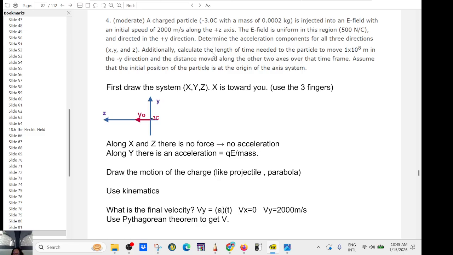Okay, so how are we going to apply that to this problem? Because in this problem, they talk about the E field along the z-axis. So I need a z-axis on the paper. And then they talk about velocity. What do they say?